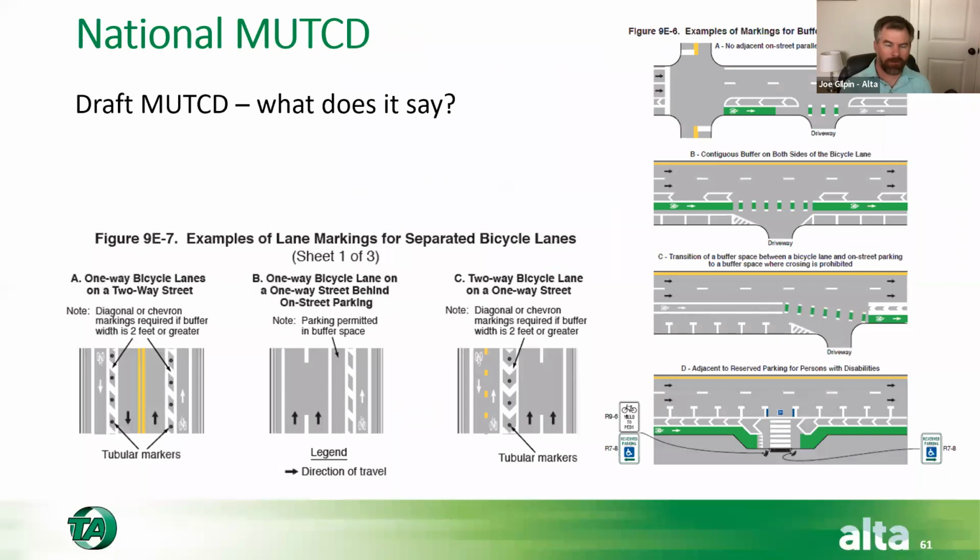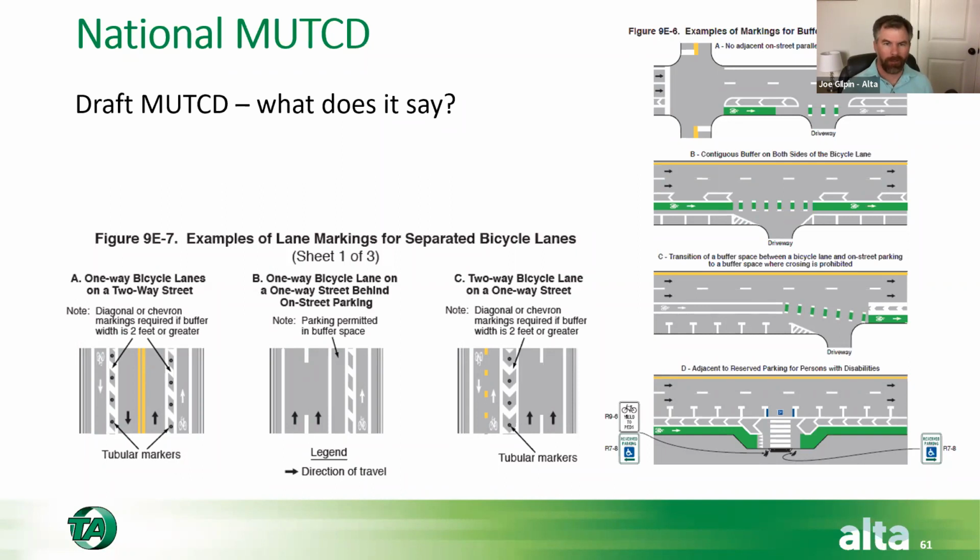This information here is what was in the notice of proposed rulemaking for the National MUTCD, which is a little bit different than what we just saw in the California MUTCD. But this is all becoming very much more standardized, which is great, and we have a little bit more clear guidance. The NACTO guide does have some guidance on buffered bike lane design. The AASHTO guide currently sort of skims over it. It just says that a buffer is really helpful, but it doesn't really tell you how or what to do with it.